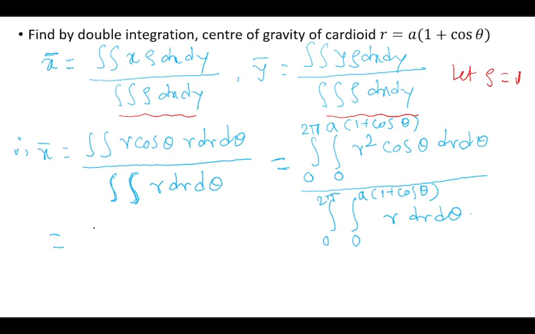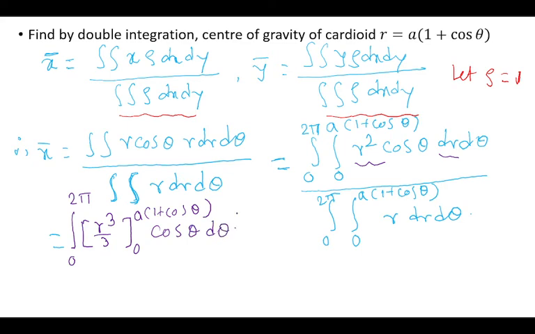So the integral of r square dr is r cube by 3, with limits 0 to a times 1 plus cos theta, and we have to write the integral from 0 to 2 pi outside, with cos theta d theta.